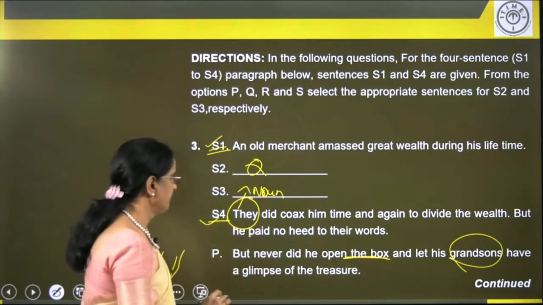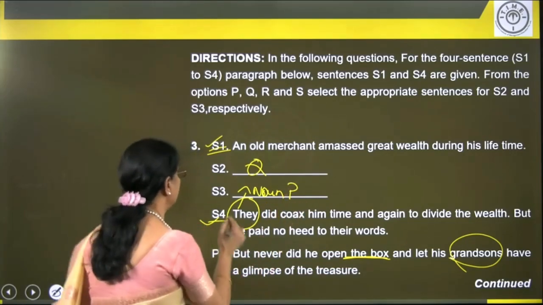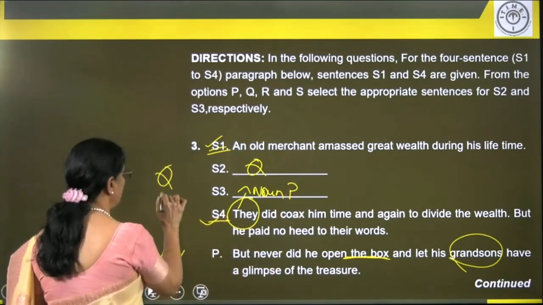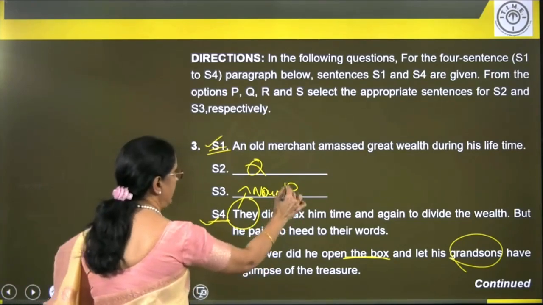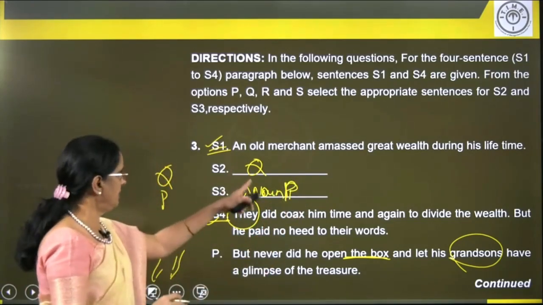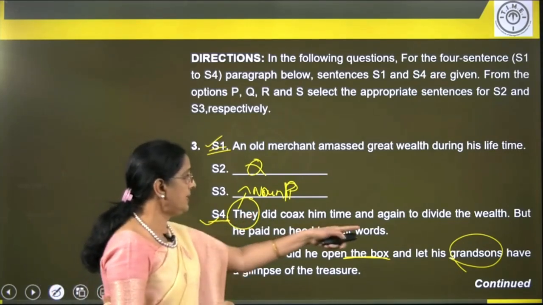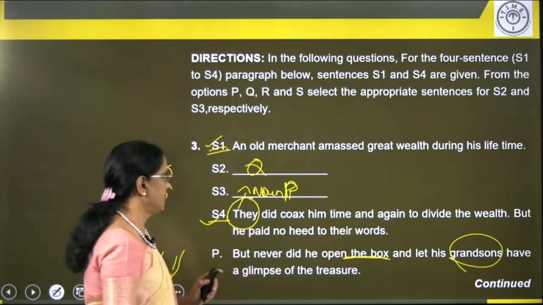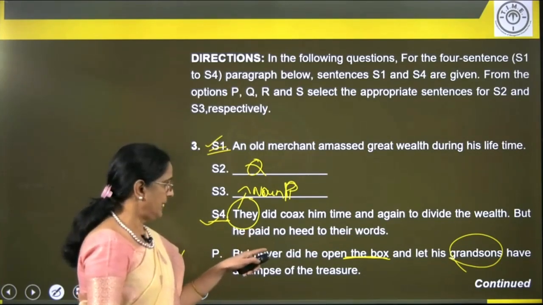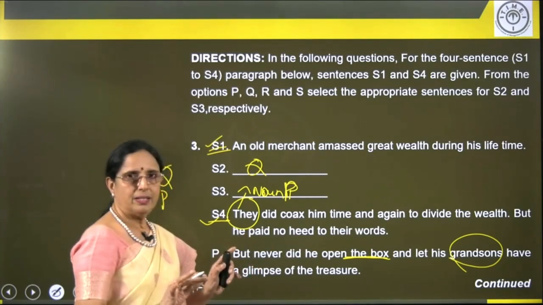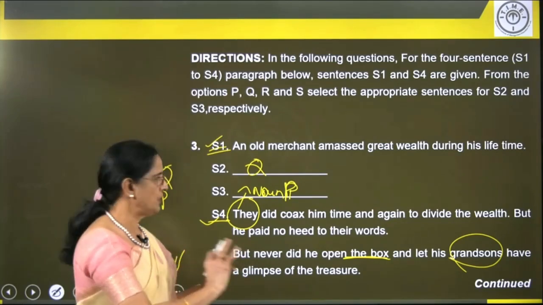Straight connection. QP. So Q and P should be one after the other. We don't decide whether we can take these here or not, but there is a connection. And let his grandsons have a glimpse of the treasure. He never allowed his grandsons to look into the box.